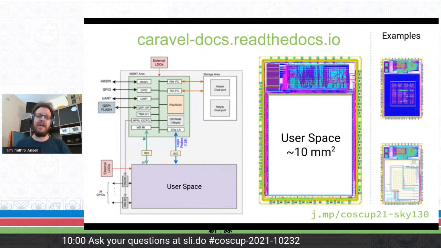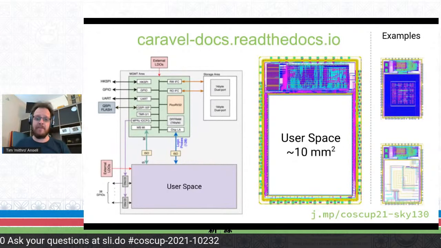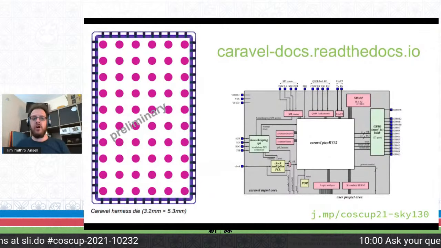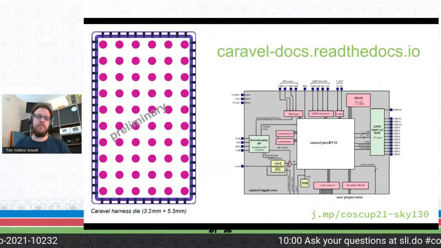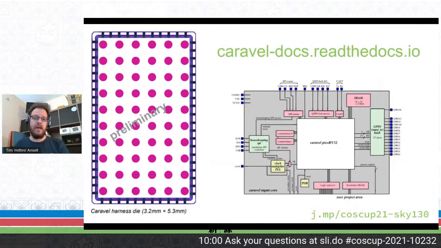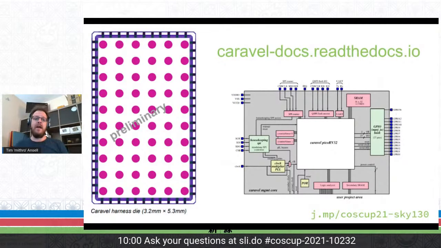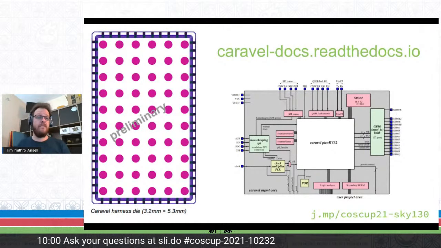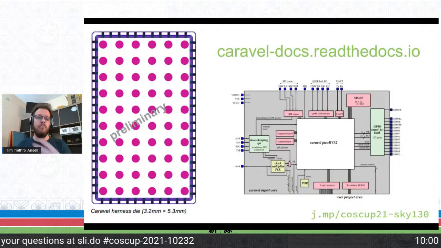And the idea is, you get your chip back and you can just plug it into your laptop and go. And so to make all that possible, Caravel is a really important part of that, and I would love to see people helping evolve Caravel to enable more of these features.